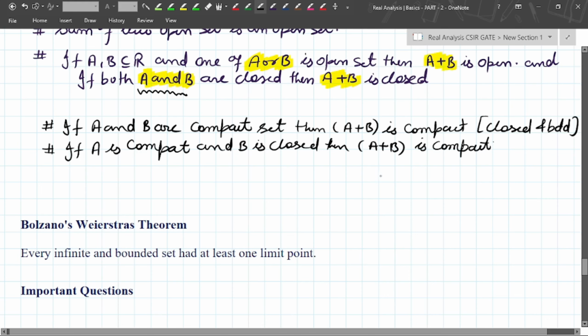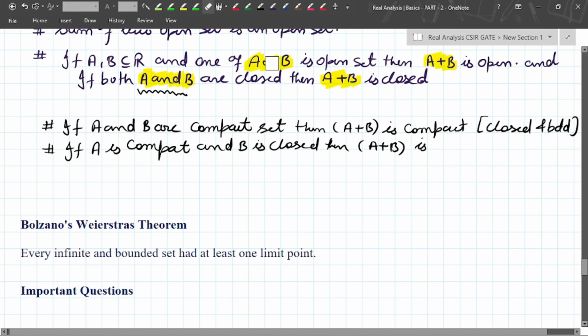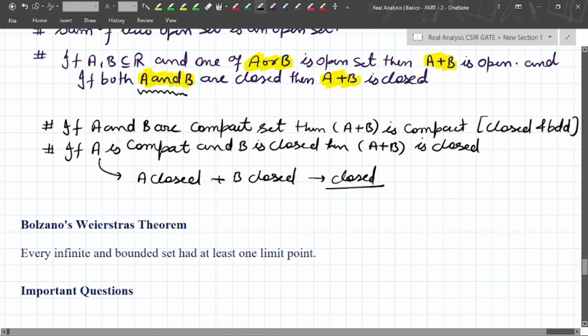But if one is compact and the other is closed, then A plus B is not compact, it is closed. The simple thing is, compact means A is closed, and if B is closed too, then A plus B is a closed set.